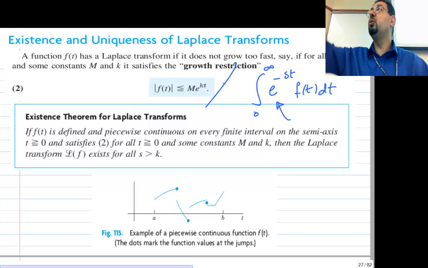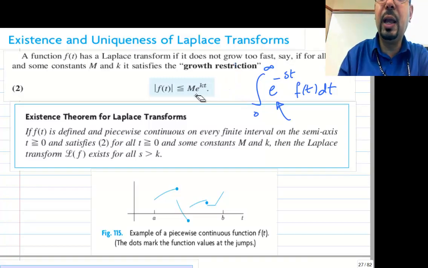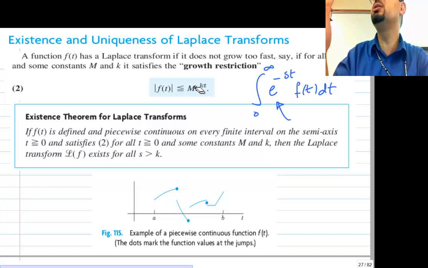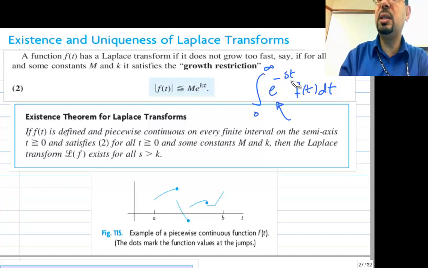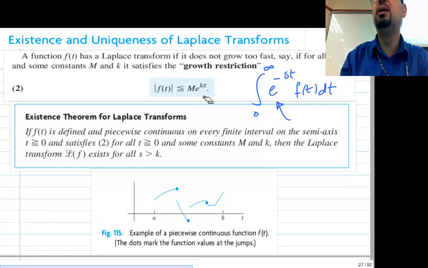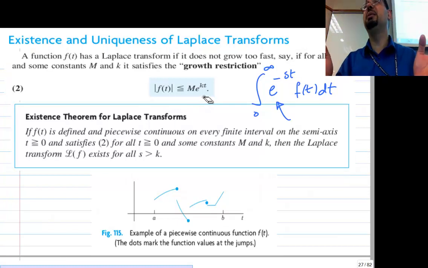It's exponential with time, but it's saying that as long as there is a number k, say 7,000 or 10,000, multiplied by t, e to the minus st will be able to keep it in bound. So the point is that as long as the function doesn't grow to infinity, the integration exists, the Laplace exists.